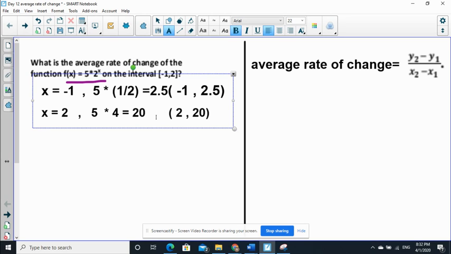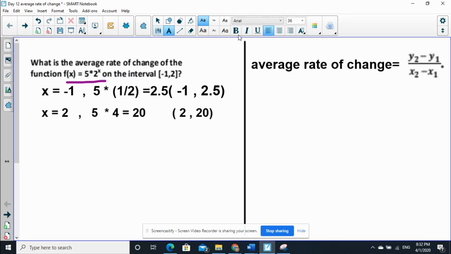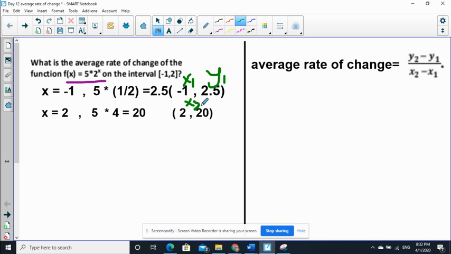Okay? And you know that in any ordered pair, the first coordinate is x and the second is y. In this example, we have x1, y1, because we have another point, x2, y2.